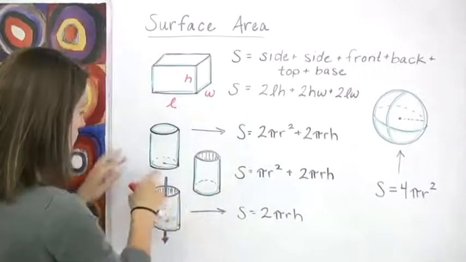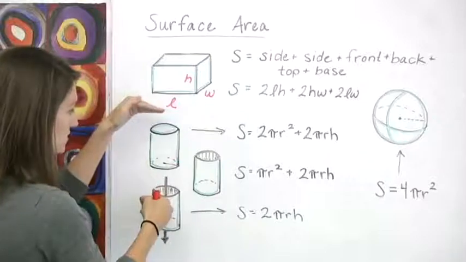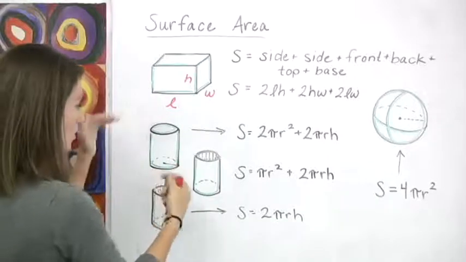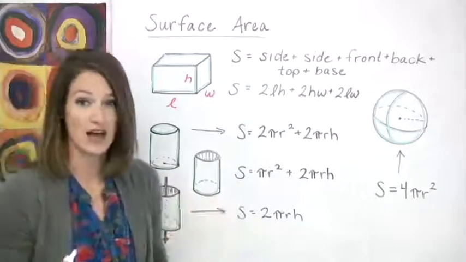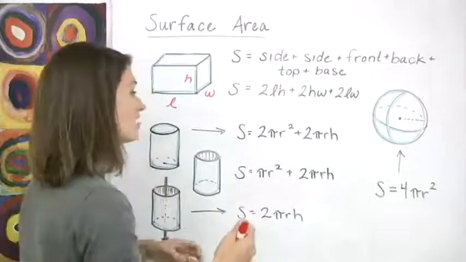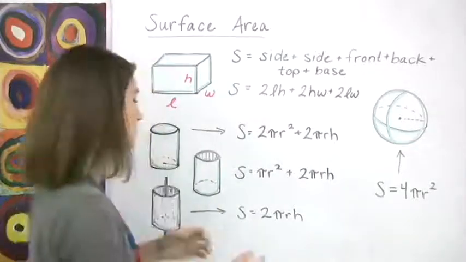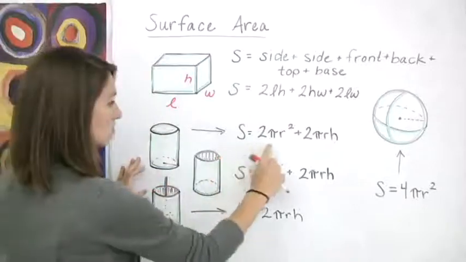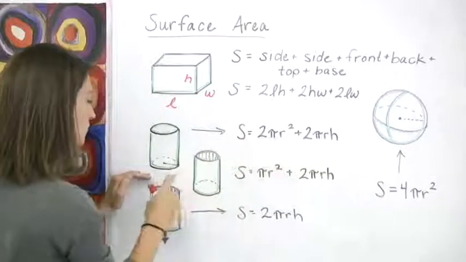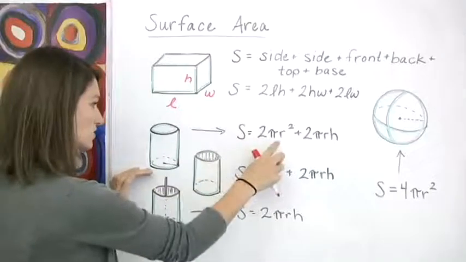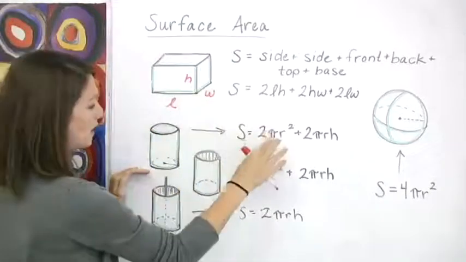For the first one, where we have the top and the bottom enclosed, we need to find the area of that circular base. The area of a circle is pi r squared, and you can see in this formula we have 2 circle areas: the base, which is pi r squared, and the top, another pi r squared.